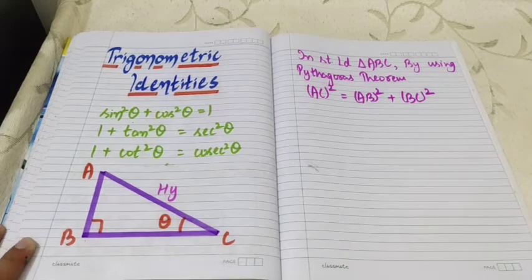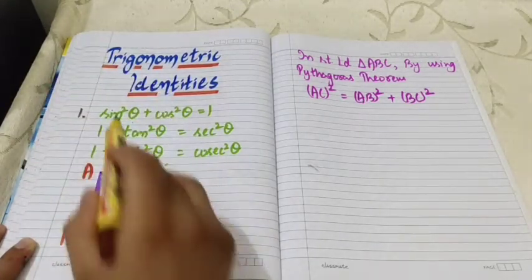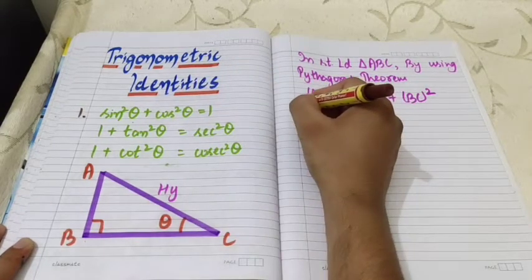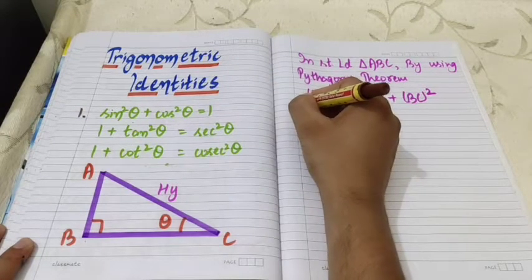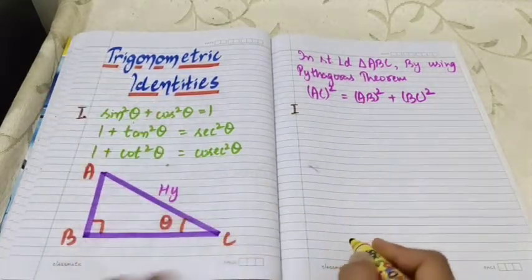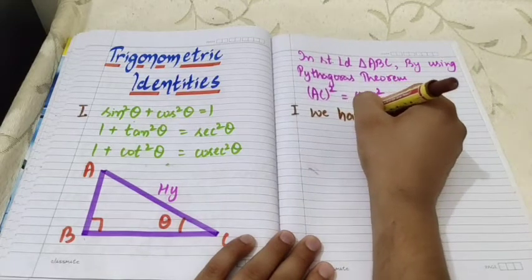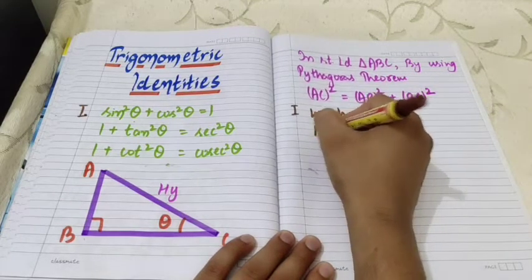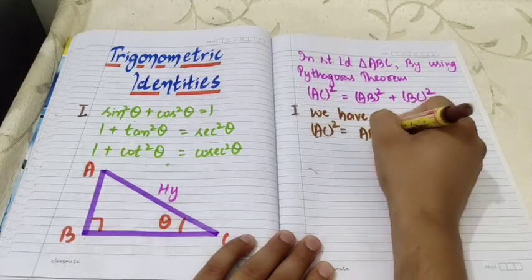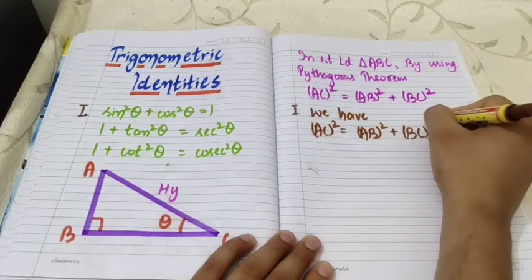And students, first we will work for the first identity, which is sin square theta plus cos square theta equals 1. So for the first one, we have AC square equals AB square plus BC square.